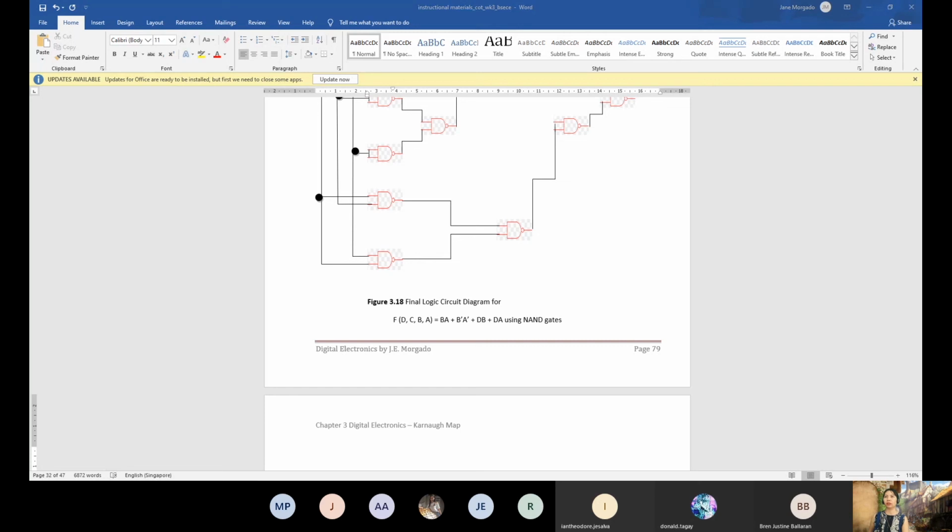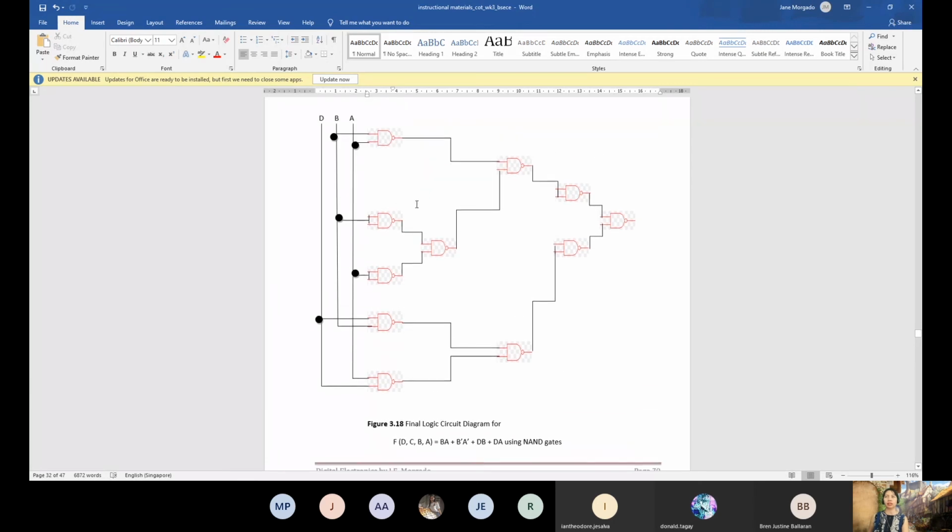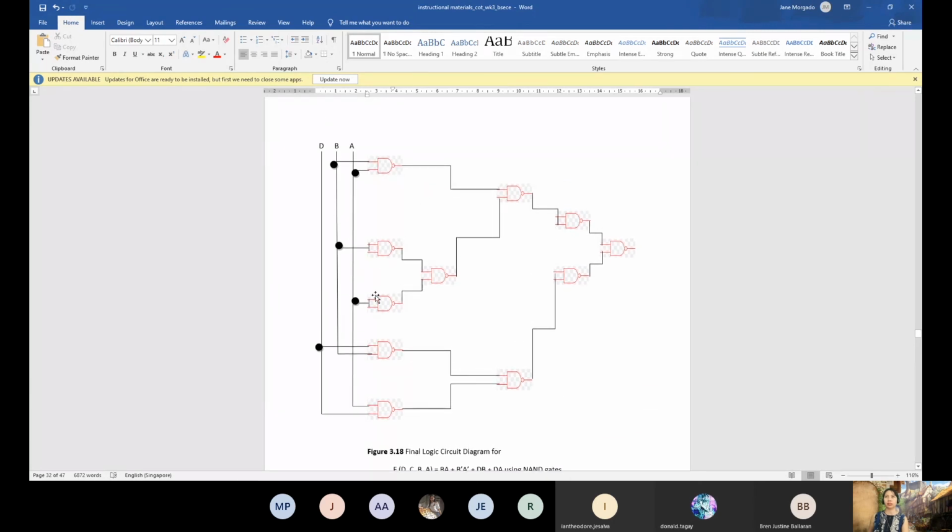There are 4. Thank you, Justin. There are 4 gates in an IC, so you only need to buy three NAND gates IC. Before it cost around 20 to 25. So to implement this circuit, you only need to buy 3 NAND gates.